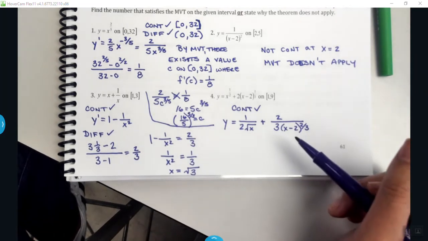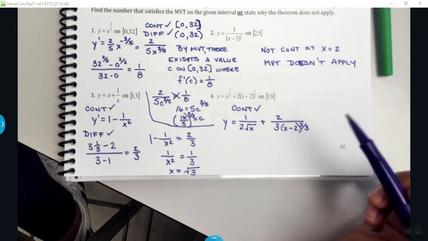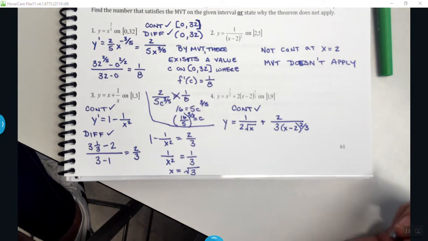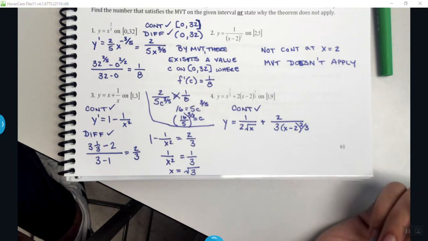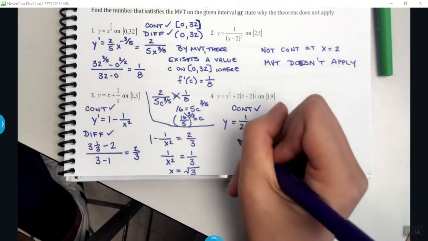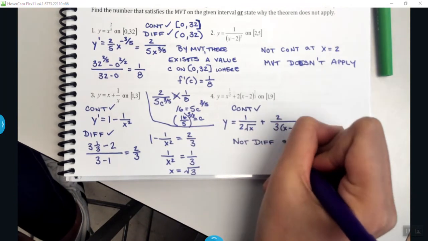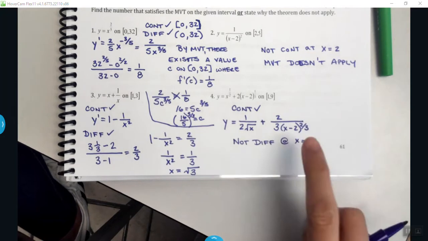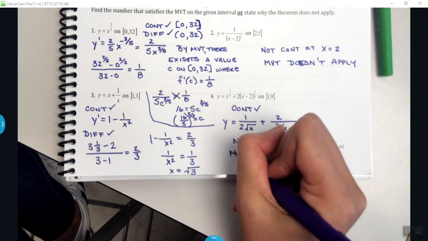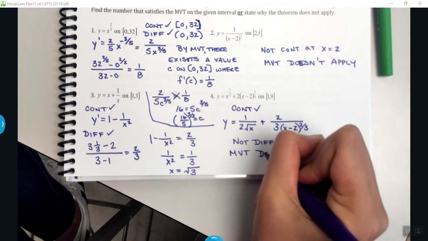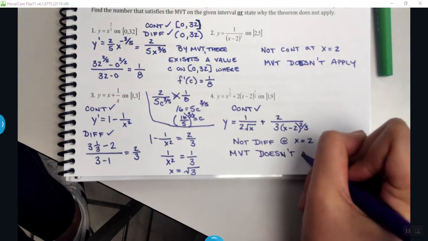On the interval 1 to 9, differentiable? Look at it again. Oh wait, no, never mind. Not differentiable at x equals 2, because that's where your denominator is 0. So MVT doesn't apply.